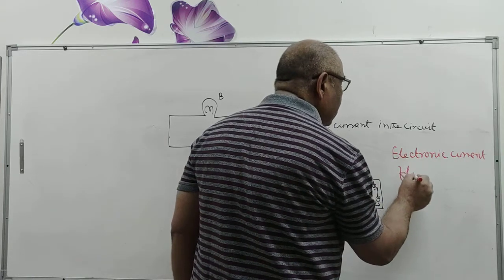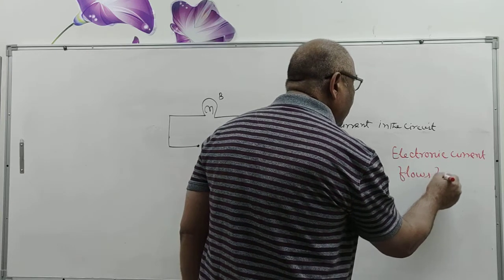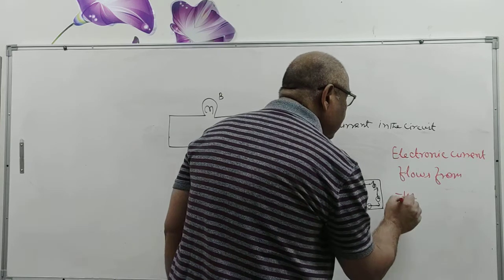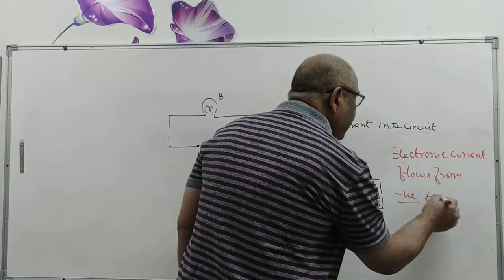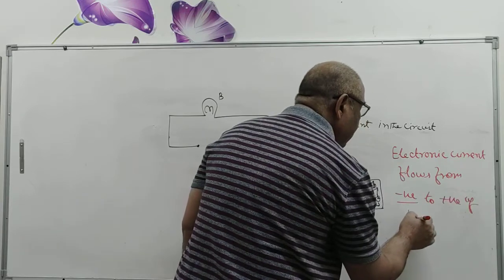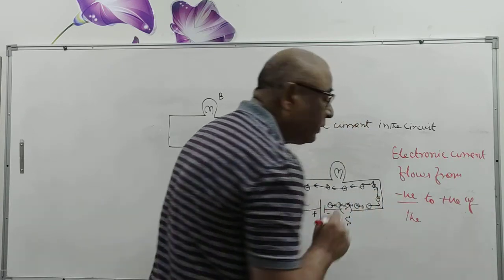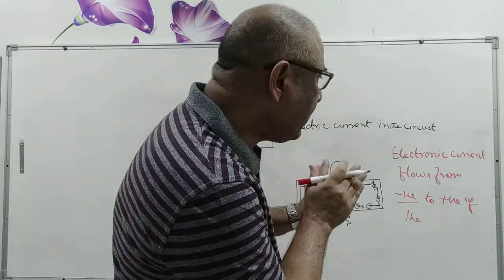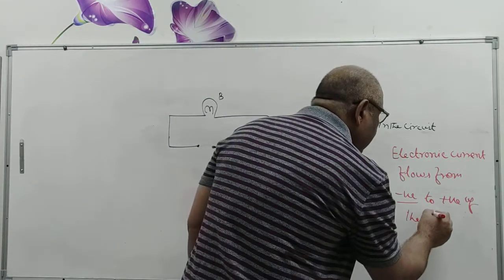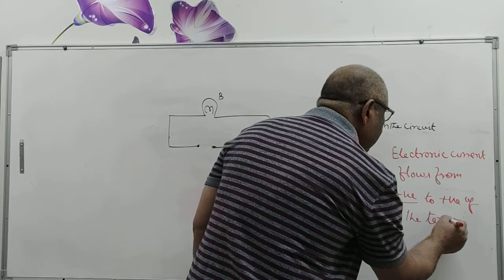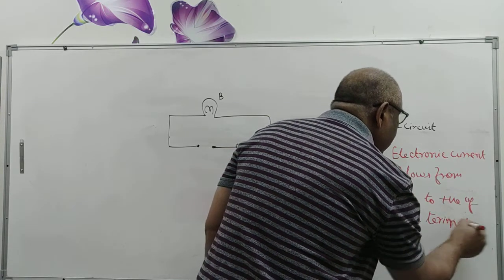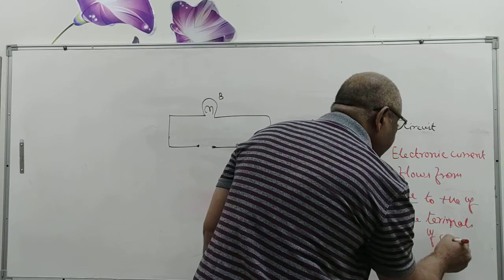Electronic current flows from the negative to the positive of the terminals of the cell.